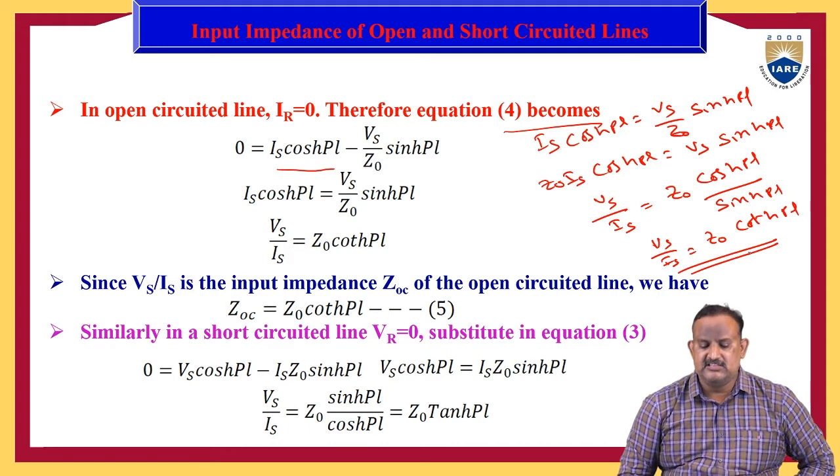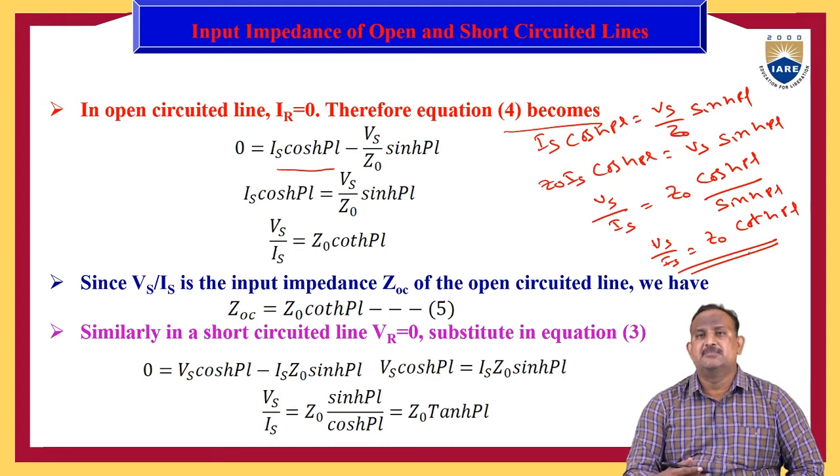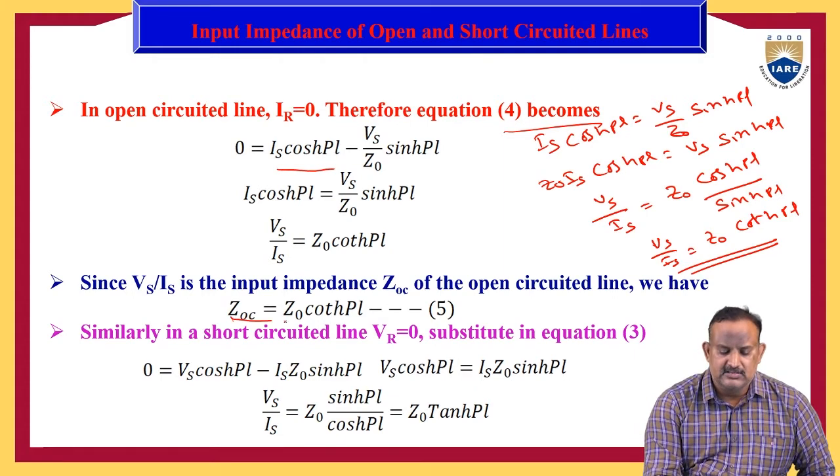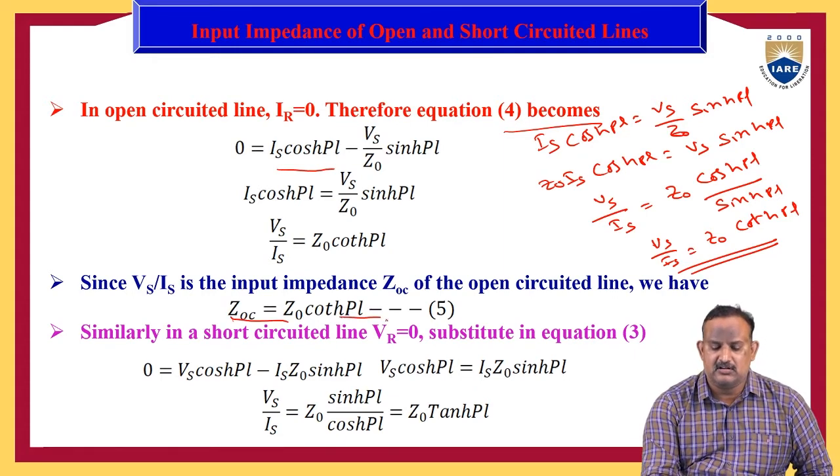But Vs by Is is nothing but ZOC, the open circuit impedance. So therefore, ZOC is equal to Z naught coth γL.